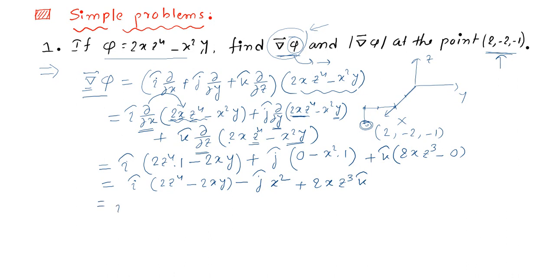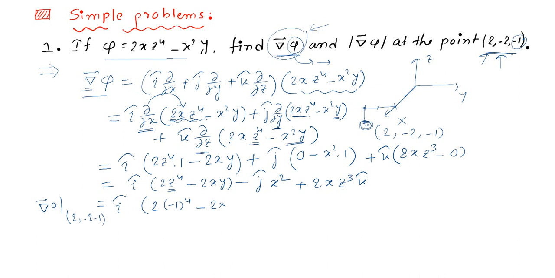So i cap 2, in the place of z we will use minus 1, so it is minus 1 whole to the power 4, minus 2 into x value, which is 2. So this is the gradient of phi at the point 2, minus 2, minus 1.